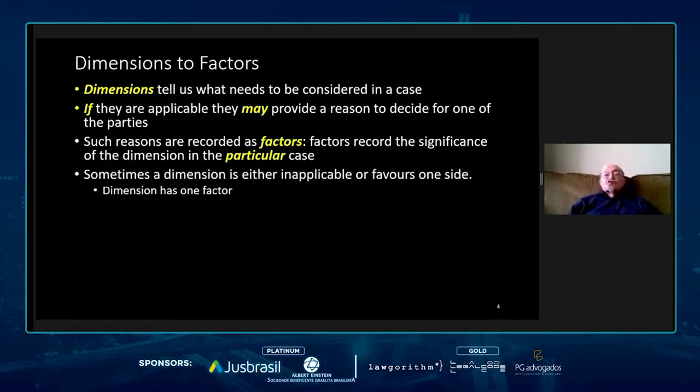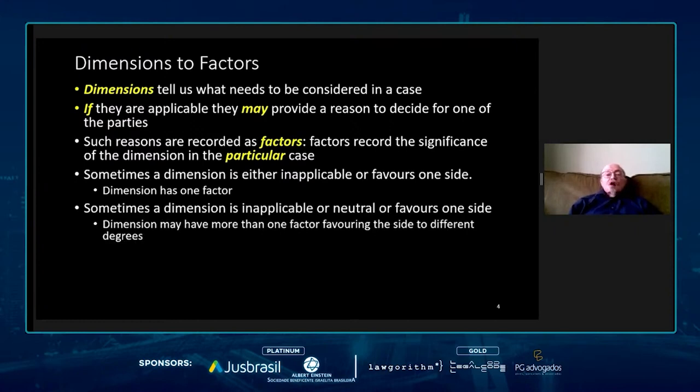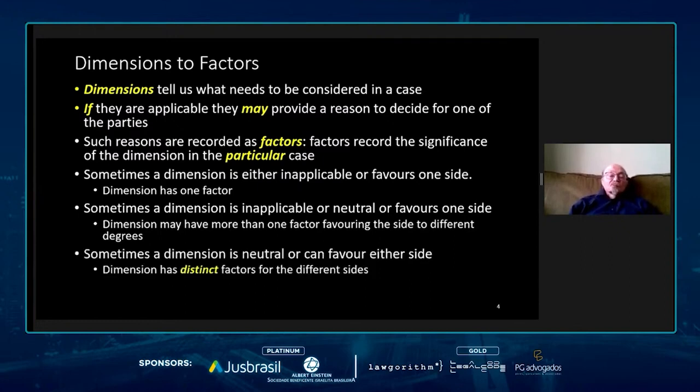Sometimes the dimension is either inapplicable or favours one side, in which case it will correspond to one factor. Sometimes it's inapplicable or neutral or favours a side, and the dimension may have more than one factor favouring the side to differentiate different degrees of favour.